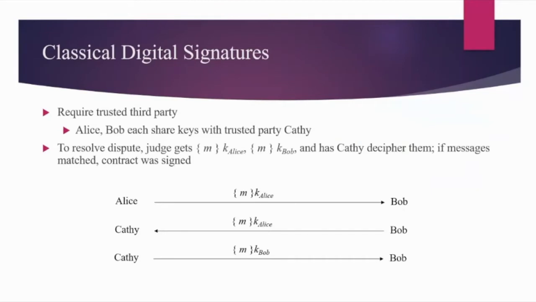So according to the classical digital signature, we need to involve some trusted third party. In this example, let there be a party called C, or Kathy. This is the third party. Now what is the role of this third party? Alice and Bob do not trust each other, but somehow they trust the third party.